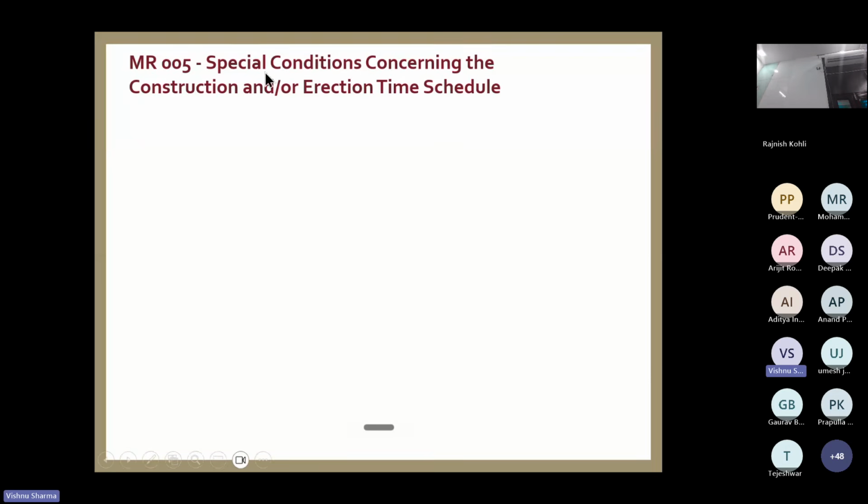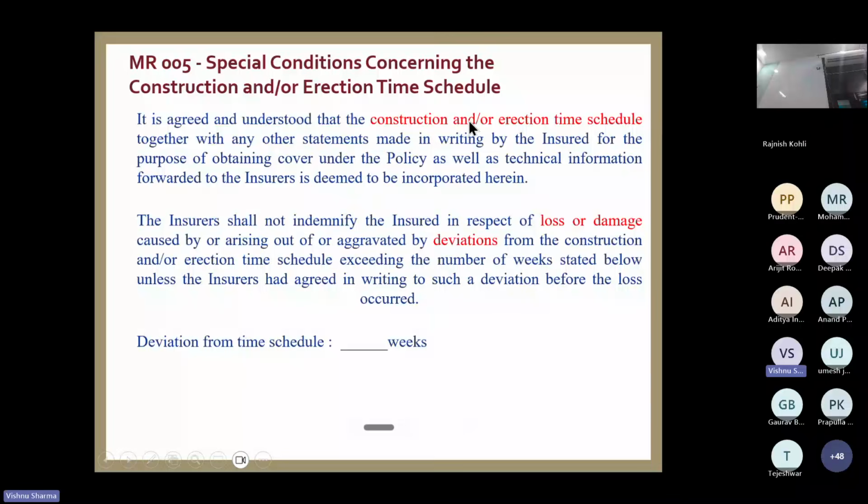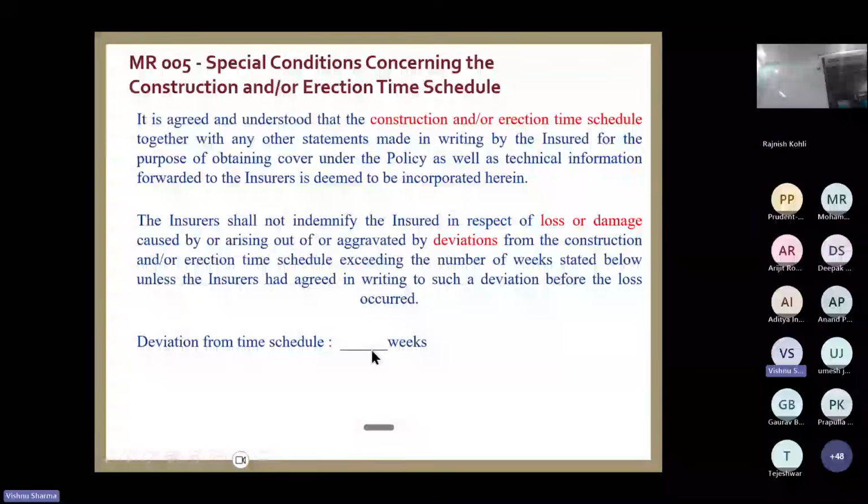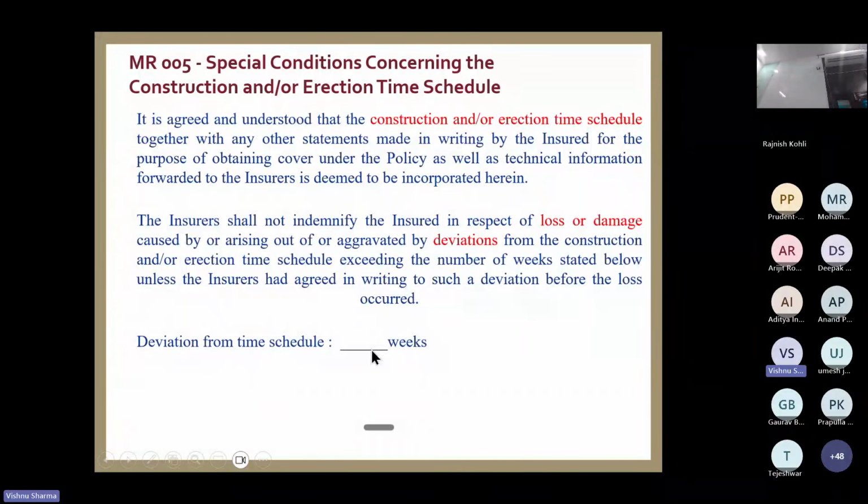Now this is the special condition concerning construction and erection time schedule. This condition says, if there is a deviation between the scheduled time schedule and the actual time schedule, if it is more than the number of weeks which is inserted in this, I'll give an example so you will understand, then the loss is not paid.